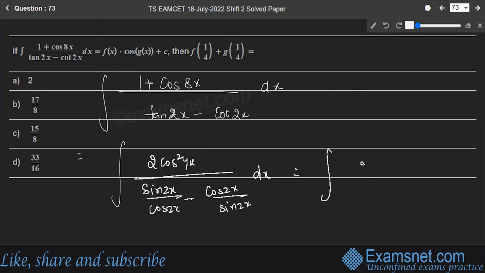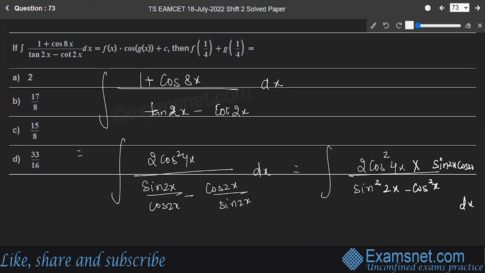You will have 2 cos square 4x over (sine square 2x minus cos square 2x) upon (sine 2x cos 2x) dx.